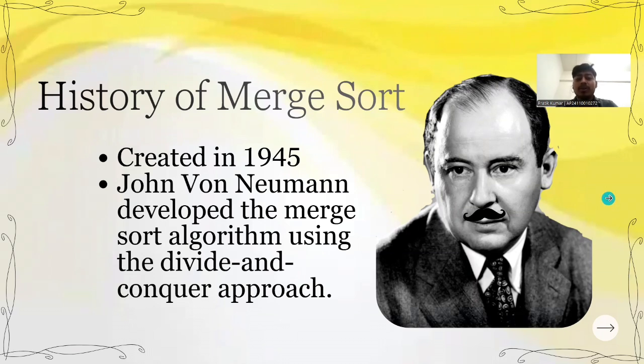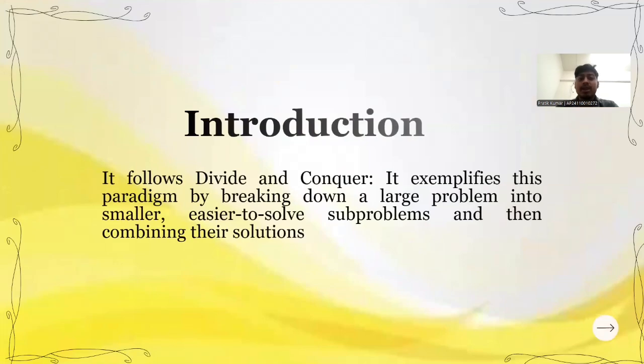Now, let's talk somewhat about merge sort. Merge sort follows the rule of divide and conquer. This means when we have a large unsorted list, the algorithm first divides it into smaller parts. After dividing, it sorts the smaller parts individually, which becomes much easier compared to sorting the entire list at once.